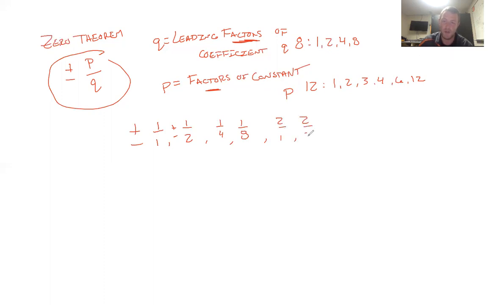Now, some of them are repeats, like 2 over 2 is the same thing as 1 over 1. 2 over 4, 2 over 8, and then 3, and then 4, and then do it all with that. And these are all the numbers you would have to guess and check to see if it's an answer or not. So this is one of the longer ones.